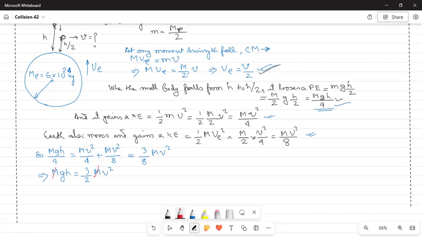Now this capital M cancels. So what we are left with is v square equal to 8gh by 3. Therefore, the velocity of that small body is the square root of 8gh by 3. This is the answer, right? Now we shall go to the next question.